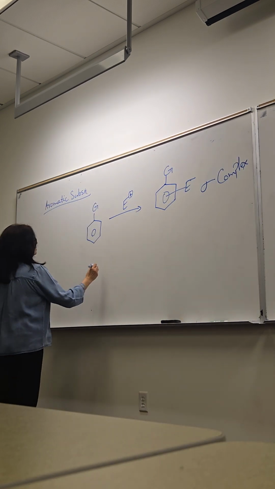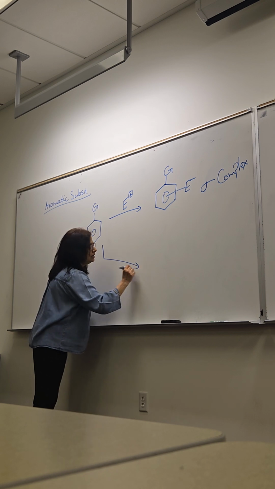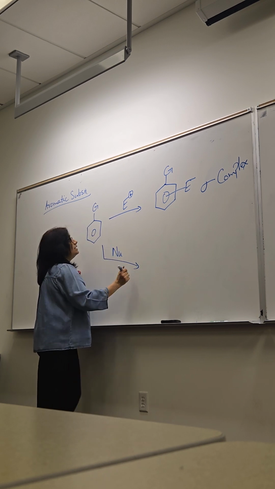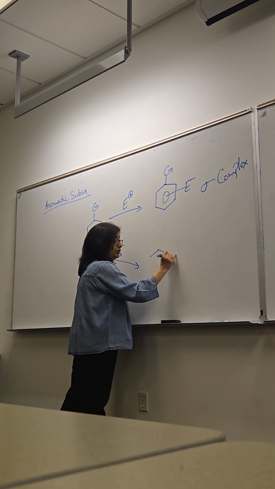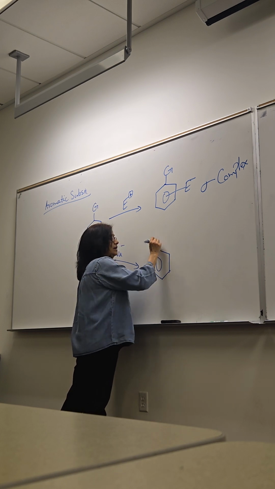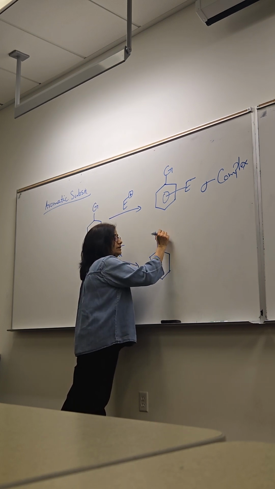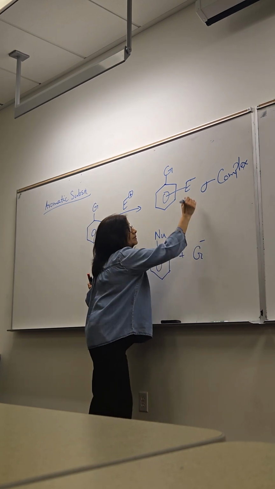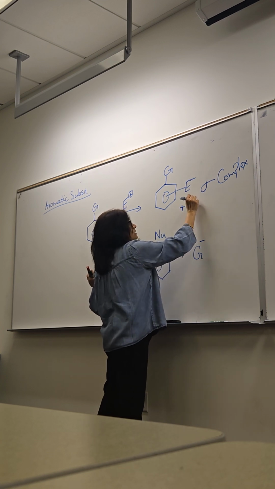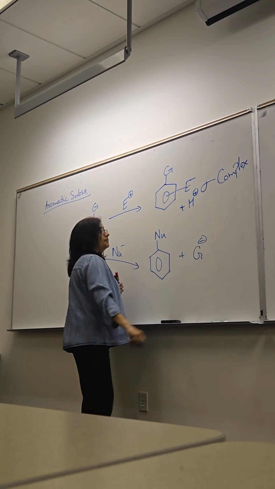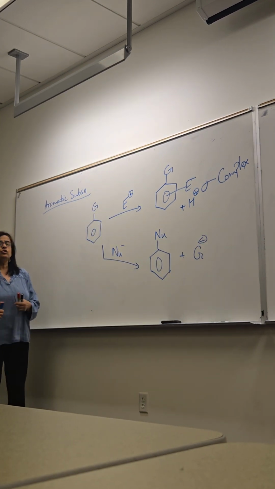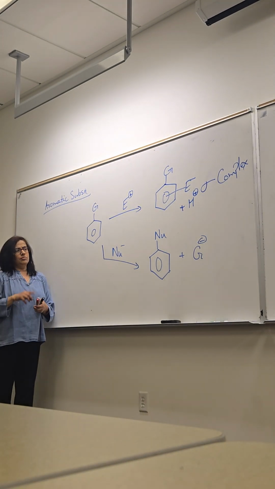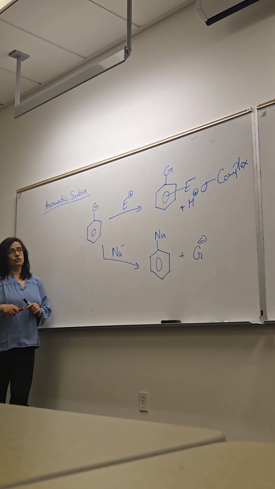Or a nucleophile can come in and substitute the group, not the hydrogens this time. It's whatever the group is that is being substituted. Maybe I should write that, plus H+. That's a nucleophilic substitution. But which mechanism will it go through?